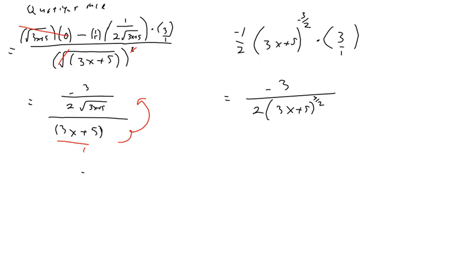So I would do negative 3 over 2 times 3x plus 5 to the 1/2 times 3x plus 5. And 3x plus 5 to the 1/2 times 3x plus 5 to the first power. These two combine to make 3x plus 5 to the 3/2 power. How does that work?